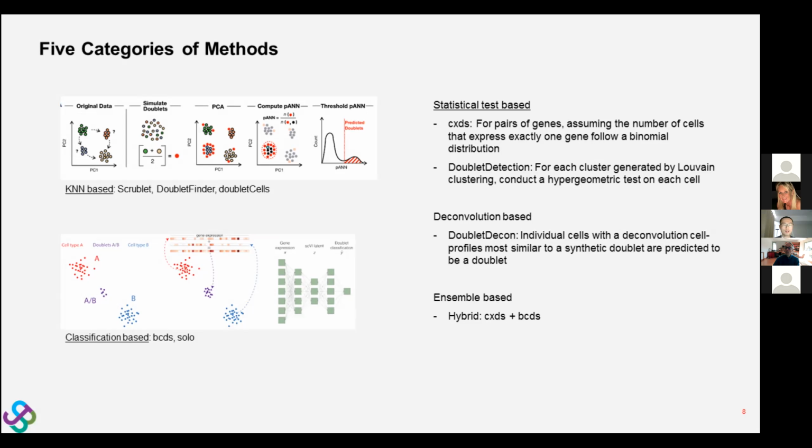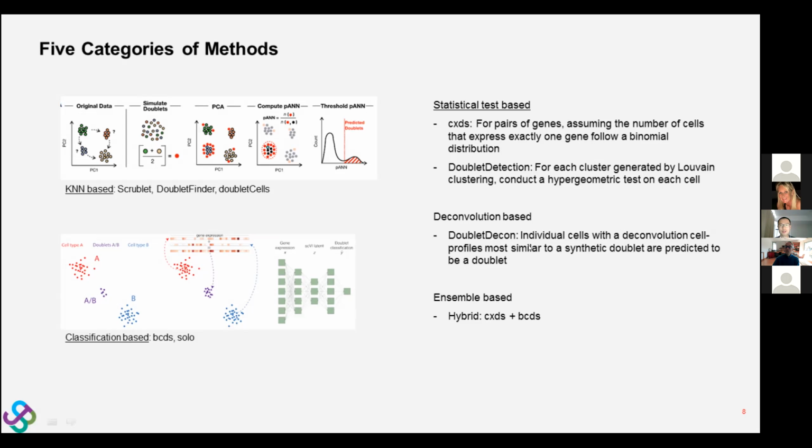After you train this classifier, you apply it on the whole data set so that you obtain the probability assigned to each category, either single cell or doublet. People use that probability as the doublet score. The third category is the statistical test-based method. Basically, people use different kinds of statistics and use the p-value as the doublet score.